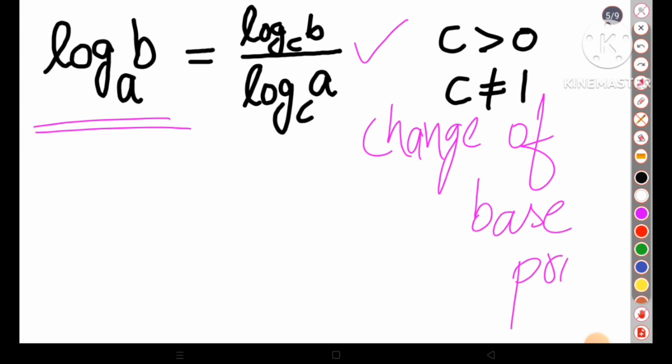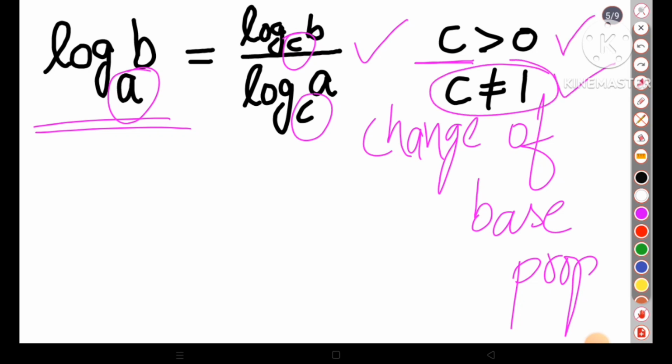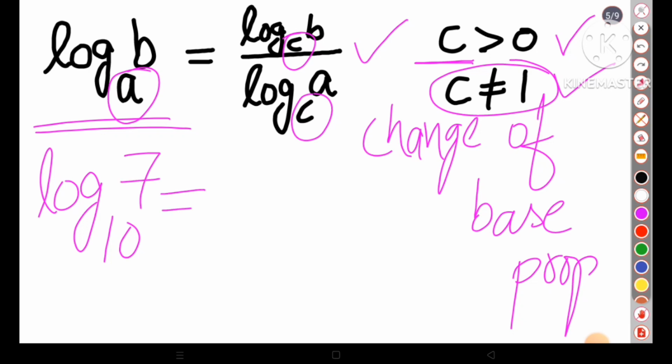That is, we can change the base of a log function, but the condition is the changed base should be greater than 0 and it should not be equal to 1. For example, if we have a log function log 7 with base 10, so we can change the base of this log function like this.